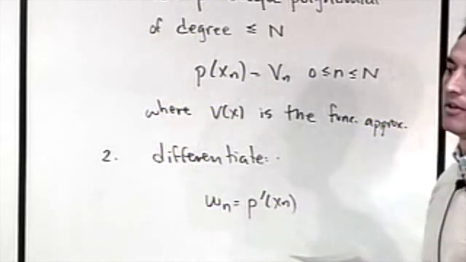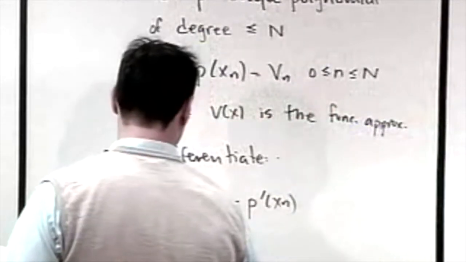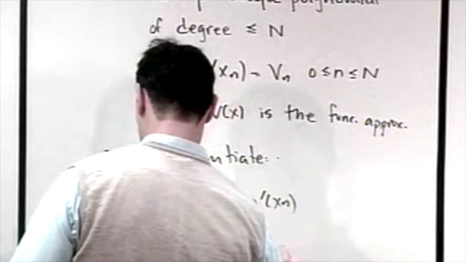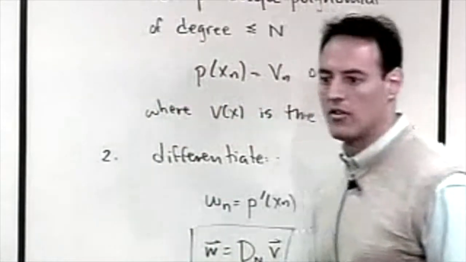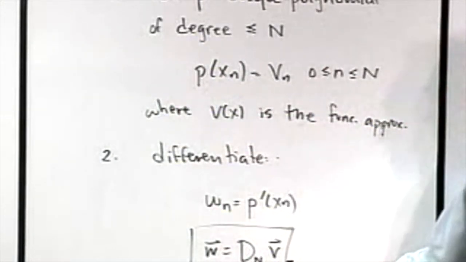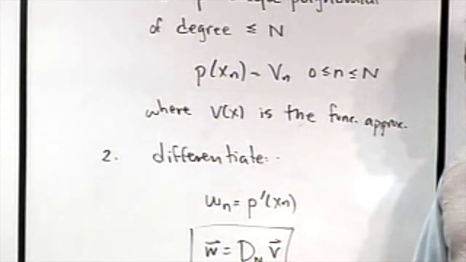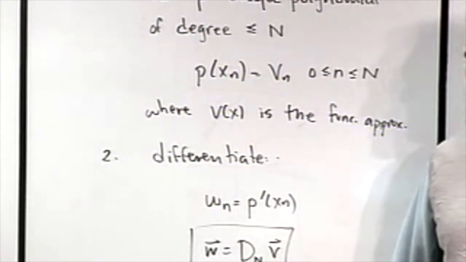That gives you the derivative at each of the data points. So essentially, this turns out to be, just like everything else, matrix multiplication. Okay? And all we have to do is figure out what the matrix D_n is.